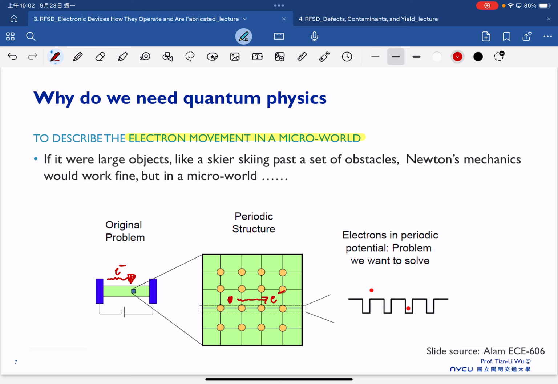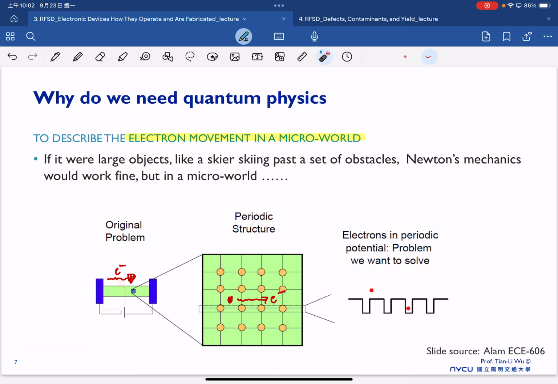As you can already foresee, a semiconductor material is basically composed of lots of different atoms with a periodic lattice arrangement, just like this one. This is one typical semiconductor material we have already shown in the previous slide, for example silicon.